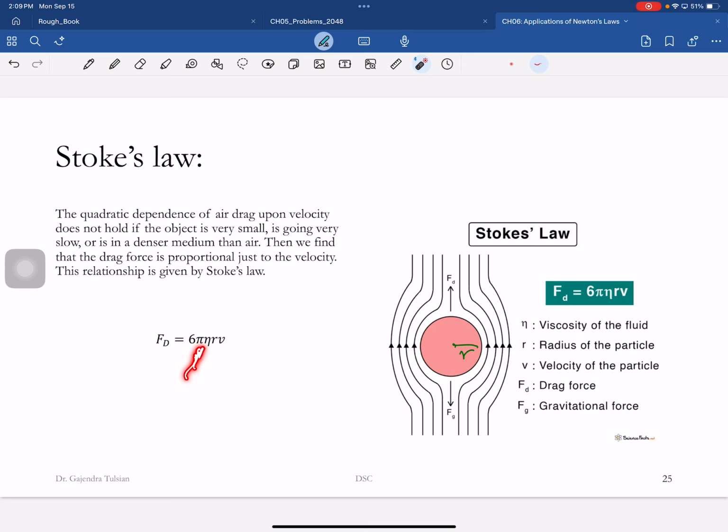So for instance, if you shoot a marble through water or through honey, the drag force through honey would be larger. The viscosity is larger, and r is the radius of the object. So for small objects, the drag force is proportional to the velocity.